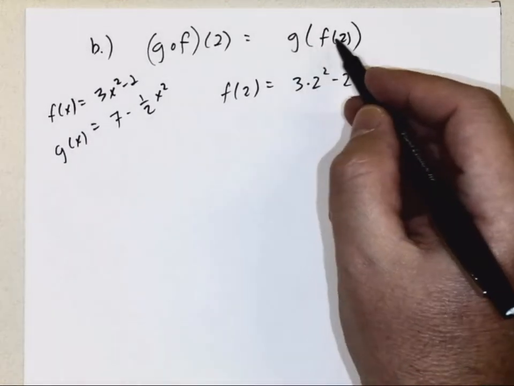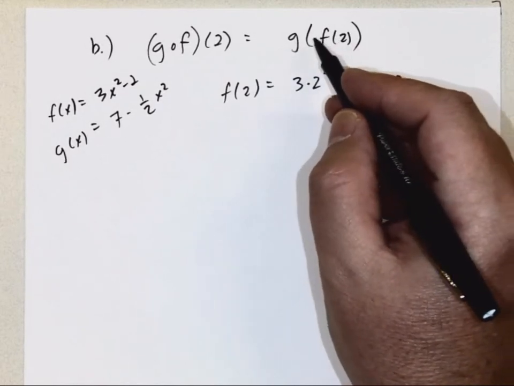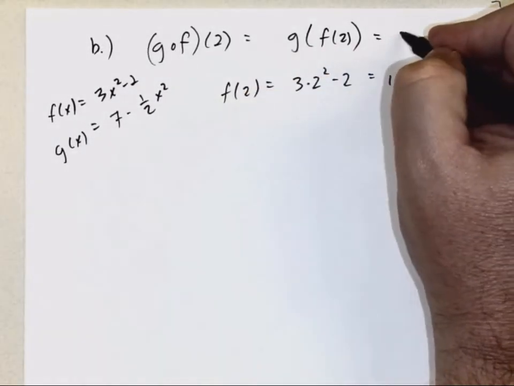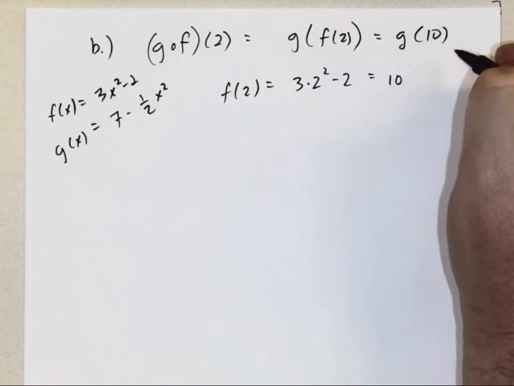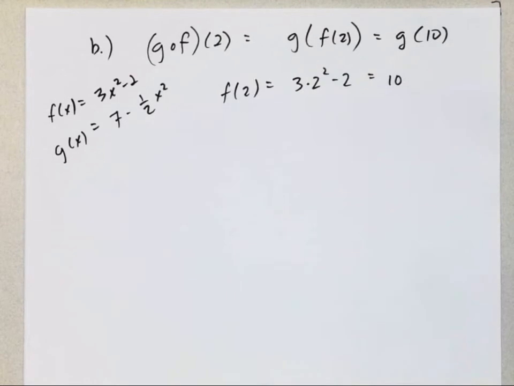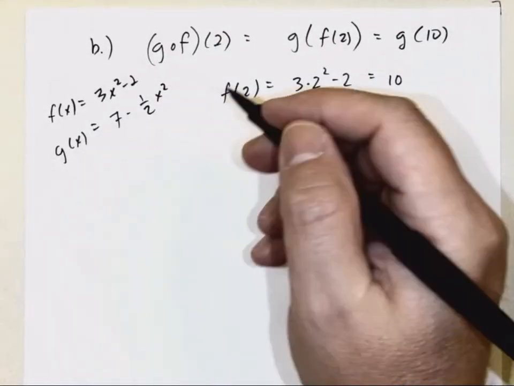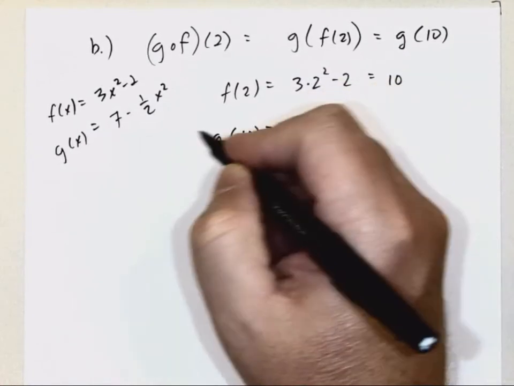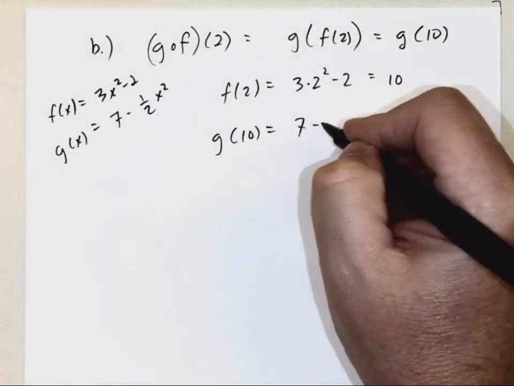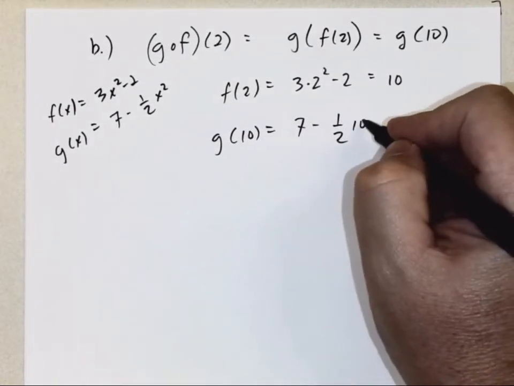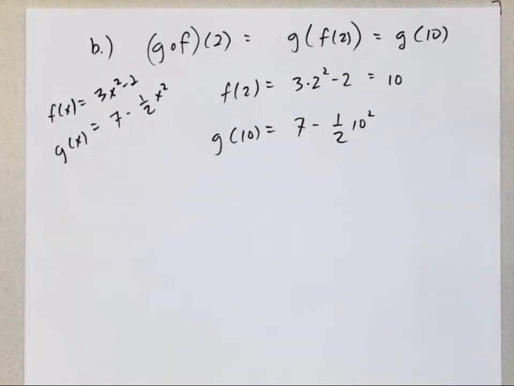So now I can say g of f of 2 is really g of 10. So I go to my g function and I plug in 10 for x. 7 minus 1/2 times 10 squared.